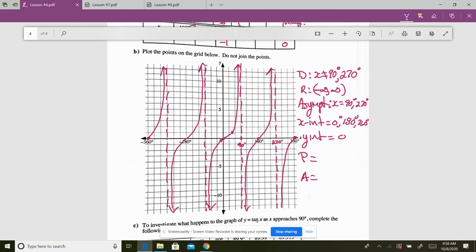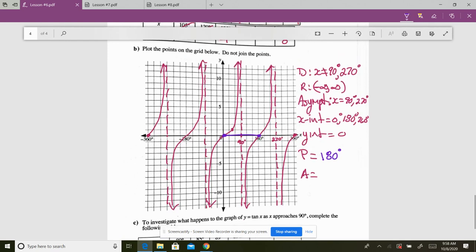If you go from this point to that point, that's when it repeats. It's different than sine and cosine, which are 360. Tan is 180, and that is going to be important later on. And the amplitude, does it have a max and a min? The amplitude is not applicable.